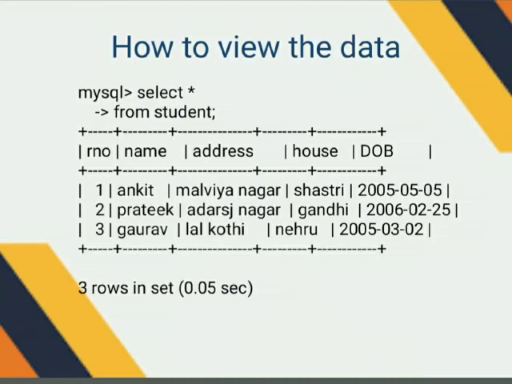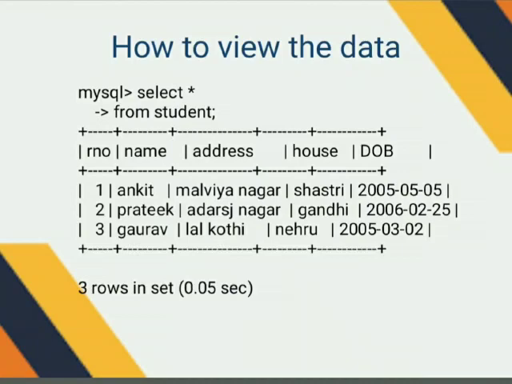Now for this we have to write a command, that is select star from student. Select is a command. It is a clause which is used to fetch the attributes. In front of select we have written an asterisk.